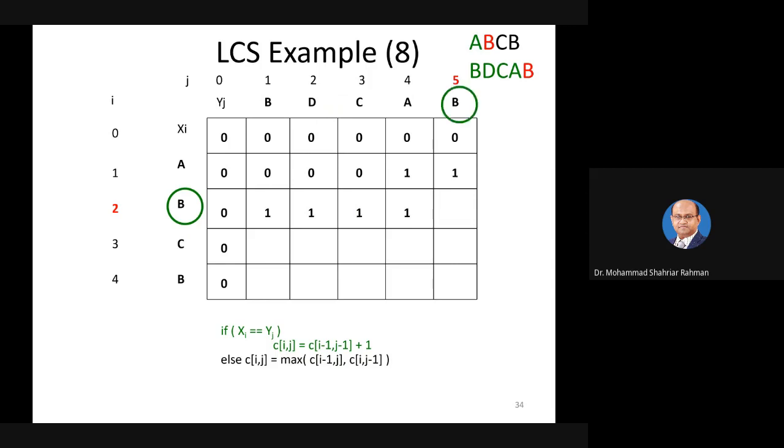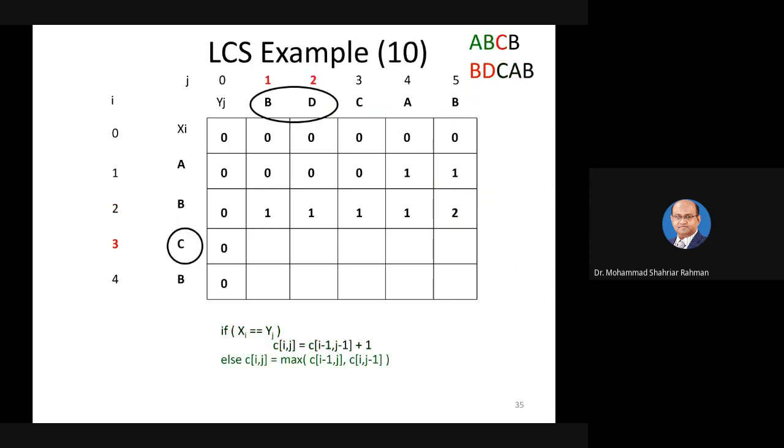We have a B match. So when we have a match, we take Ci minus 1, J minus 1 plus 1. 2. Which means so far we have found length 2 subsequence. Then we move forward.